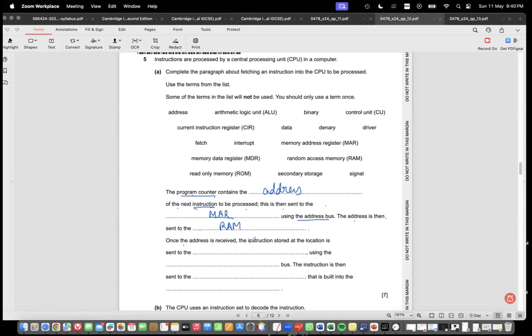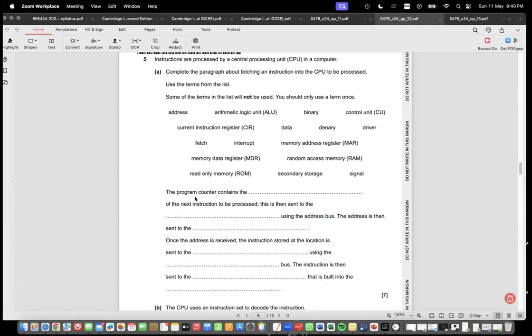Once the address is received, the instruction stored at the location is sent to the MDR, memory data register, using the data bus. The instruction is then sent to the current instruction register that is built into the control unit. So this is the answer.